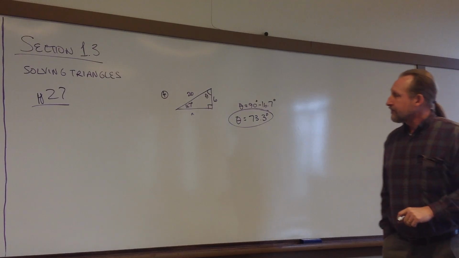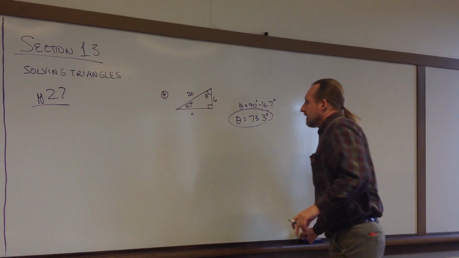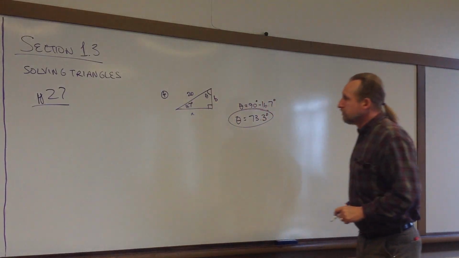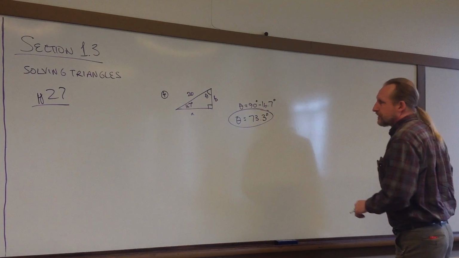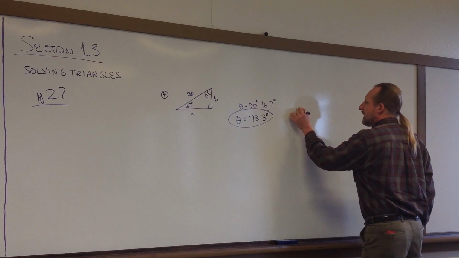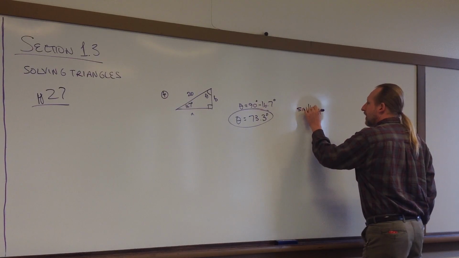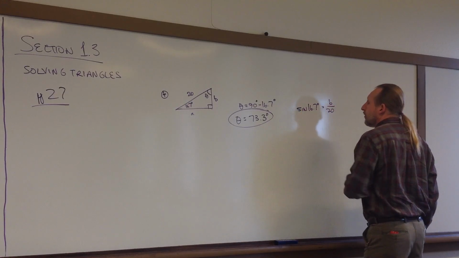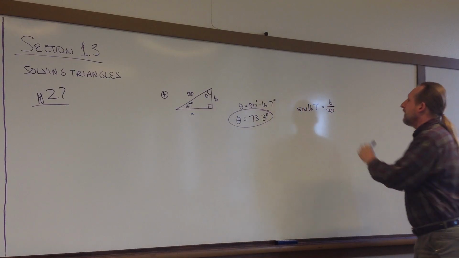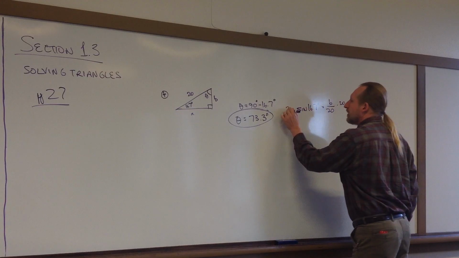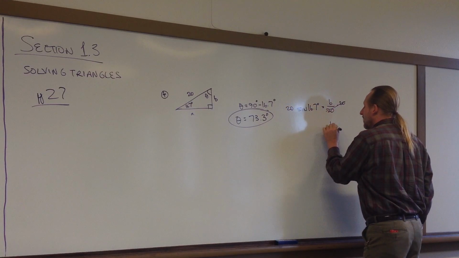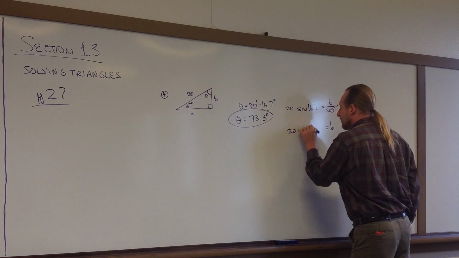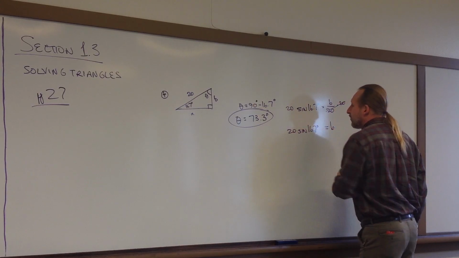Now for the sides, that is actually a B. So for our sides, we could say the sine of 16.7 degrees is B over 20. And then we could multiply on both sides by 20 and say B is going to be 20 times the sine of 16.7 degrees.